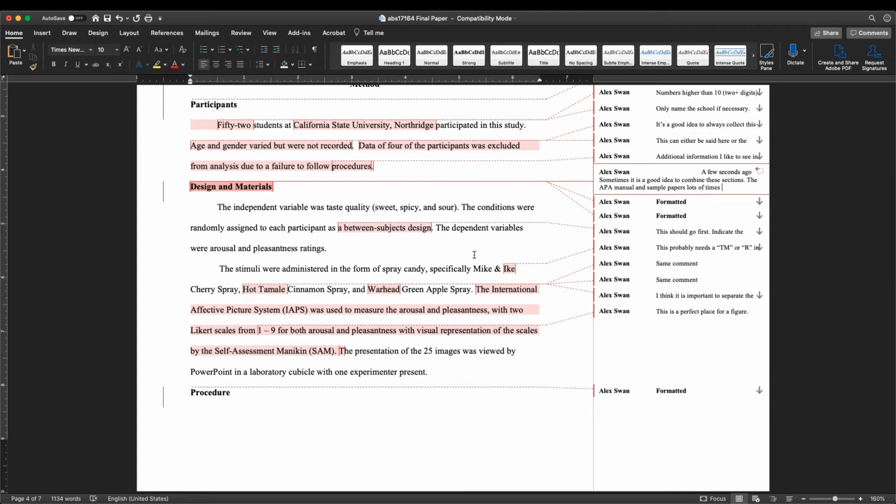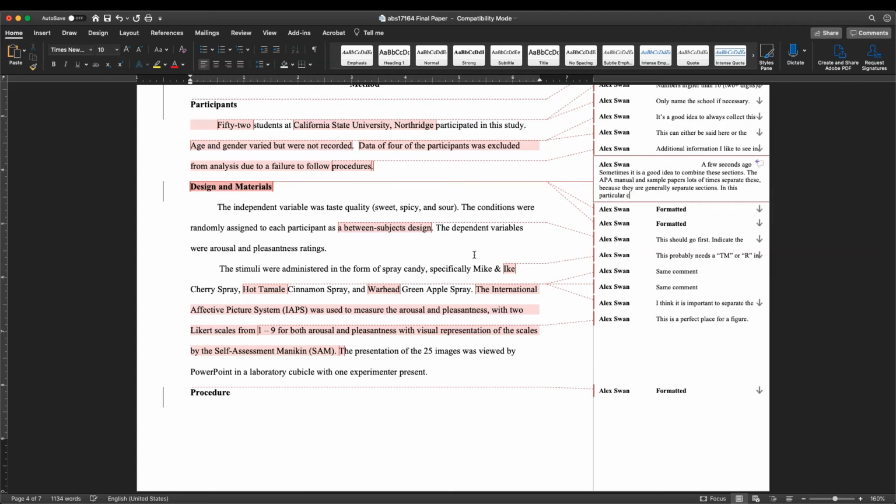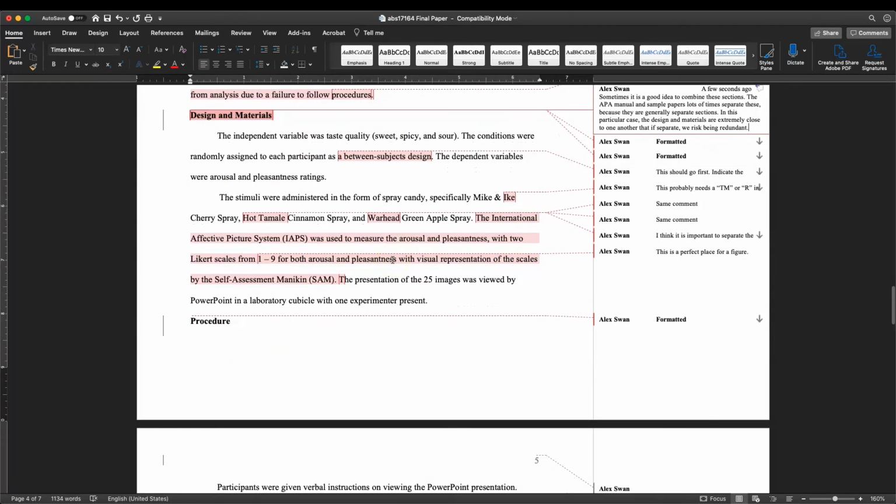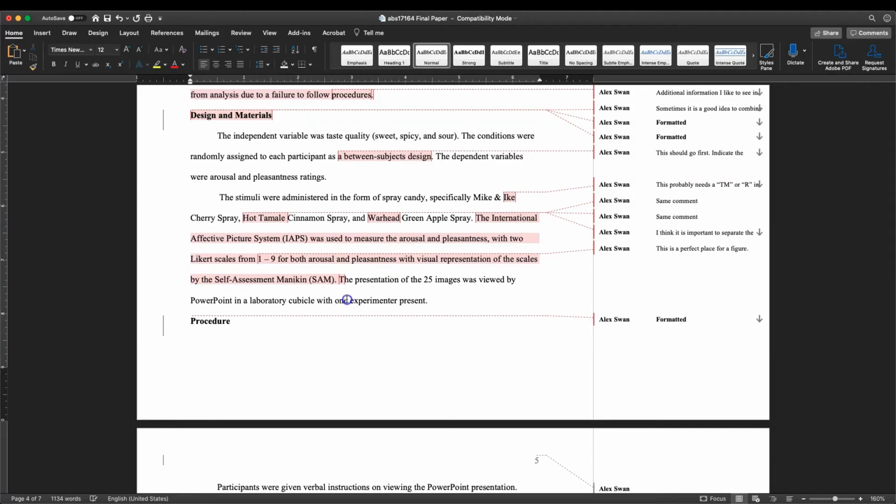So the idea was that they would look at the images while spraying the spray, which you'll see in the procedure on the next page, and rate the pleasantness and arousal that they feel about it. And they were supposed to rate the picture, not what the spray candy made them feel. So the cinnamon flavor that was burning their mouths in that particular group was supposed to produce a hatred for the landscapes that they were looking at. I believe. I think that's what it was.